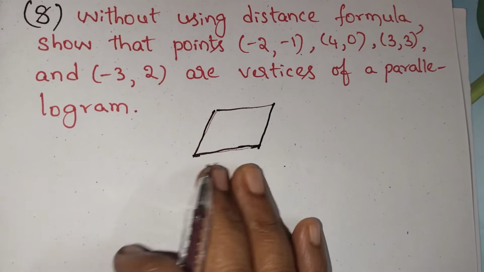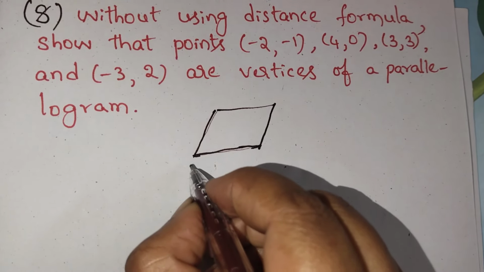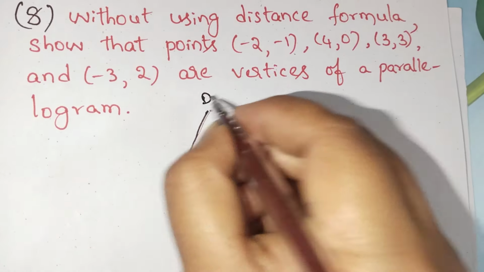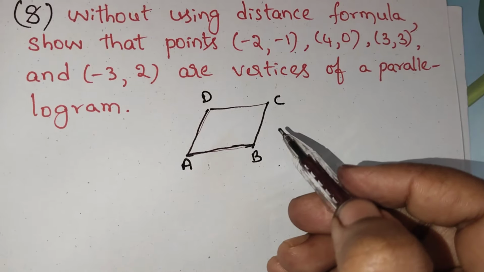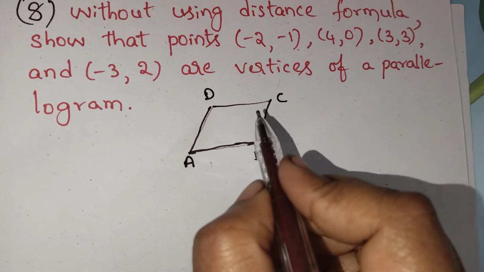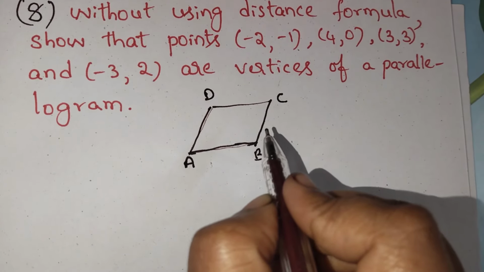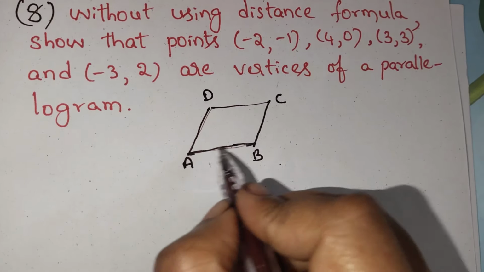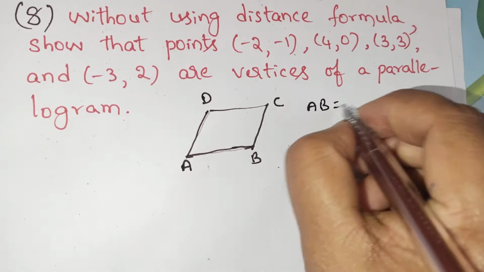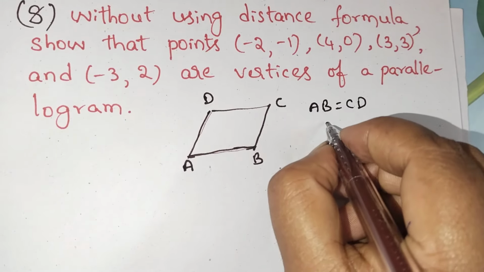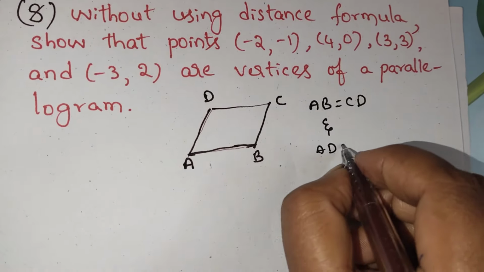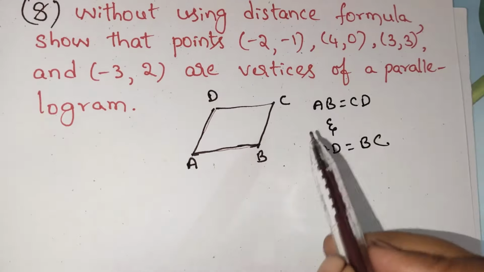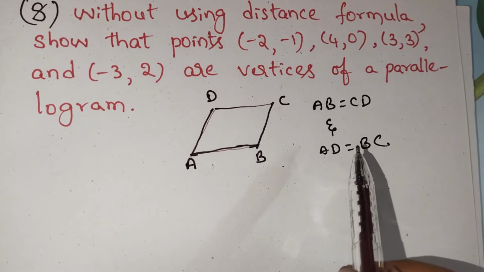I'm taking a parallelogram, and here I will identify the points A, B, C, D. I'm giving the vertices, and the condition for a parallelogram is opposite sides are equal. That is AB equals CD and AD equals BC.